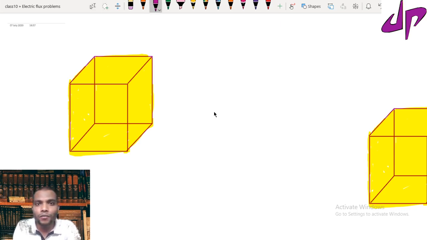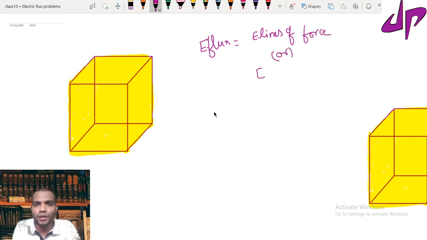So we can write electric flux as electric lines of force, or electric field lines, per unit area.